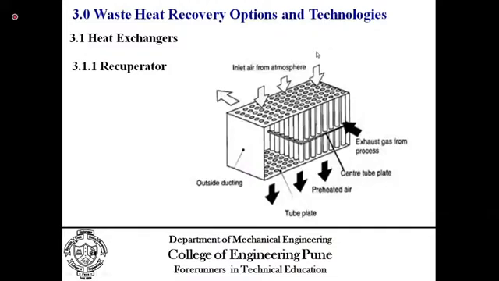As you know, heat exchangers are classified on the basis of whether the fluids mix or come in contact with each other or not, and this type is classified as recuperative. This is how the heat is recovered: the hot exhaust gases pass through this heat exchanger, while the cold fluid passes through the shell.